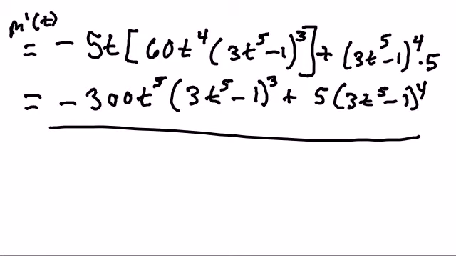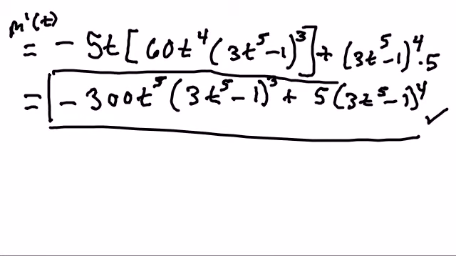And we can stop right here because at this point you have done the derivative. The only thing else that you could possibly do, you could factor out a 3t to the fifth minus 1 cubed and a 5, but that's not really necessary. We can stop at this point.